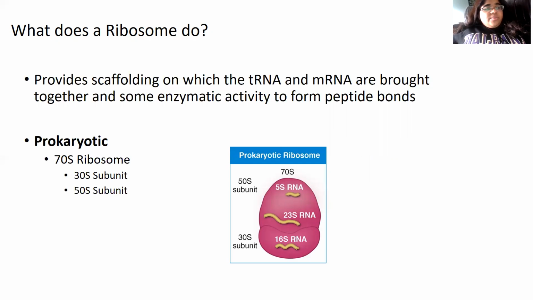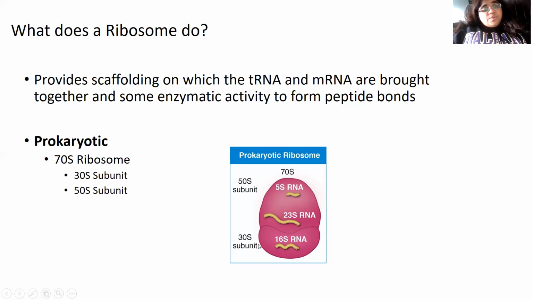Here in prokaryotes, you have a 70S ribosome with different units: the 50S subunit and the 30S subunit. These are the different ribosomal RNAs, for example 5S rRNA, okay? And then we have the 30S subunit, which is the smaller unit, and it has its own rRNA.